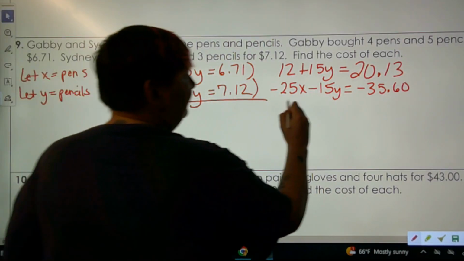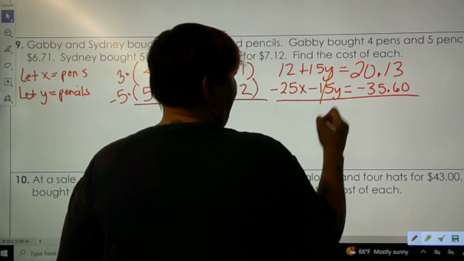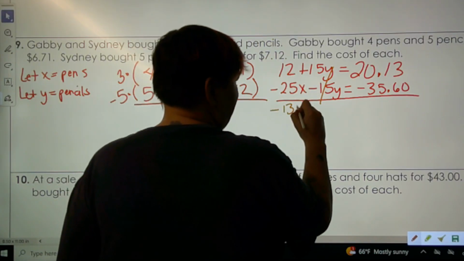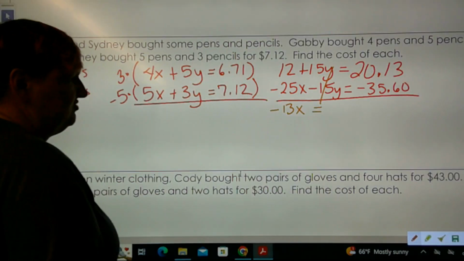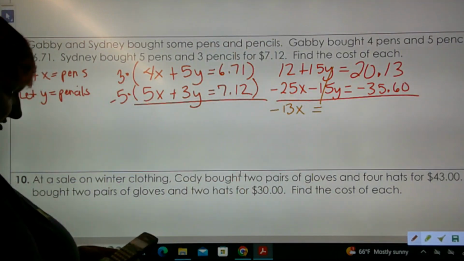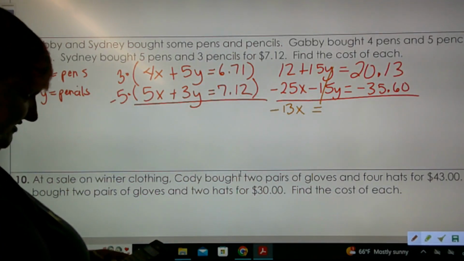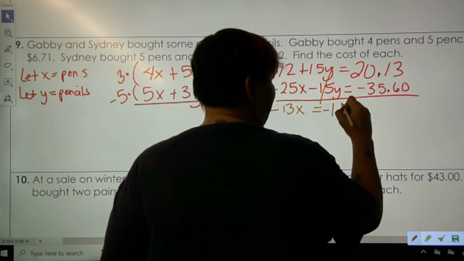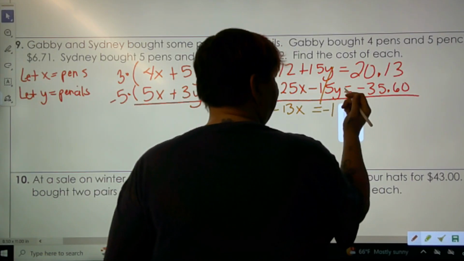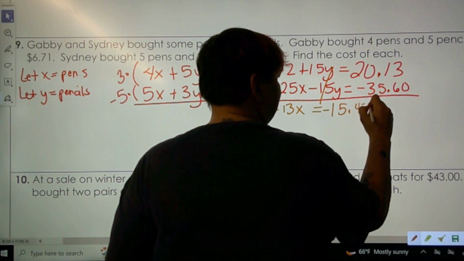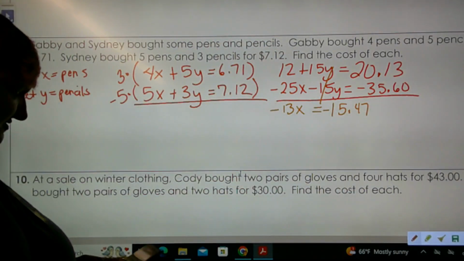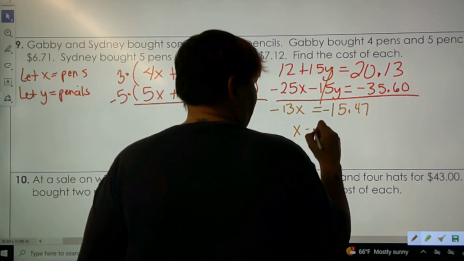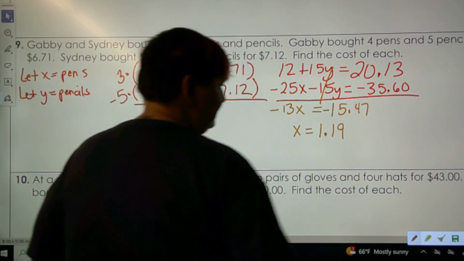Alright, so it cancels. We're left with negative 13x equals, what's the difference? Let's see, 35.6 minus 20.13, 15.47, negative 15.47 divided by 13, right, equals $1.19.